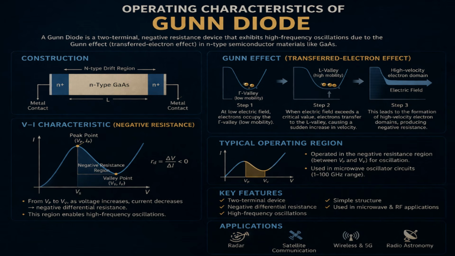Here you can see the characteristics. In this region negative resistance is there, meaning the current is decreasing, while in the other regions the current is increasing. Between peak and valley the Gunn effect occurs: at low electric field electrons occupy the lower valley.